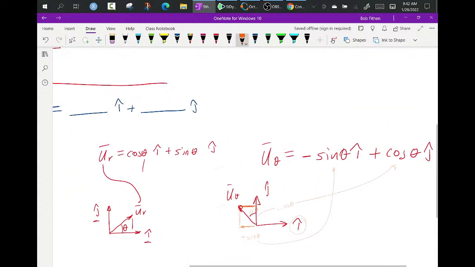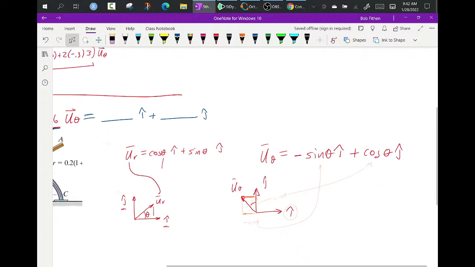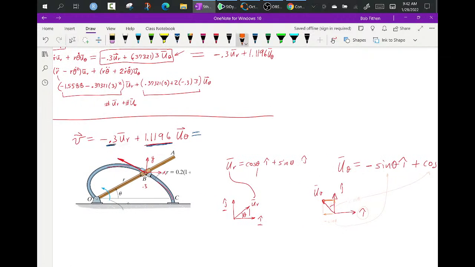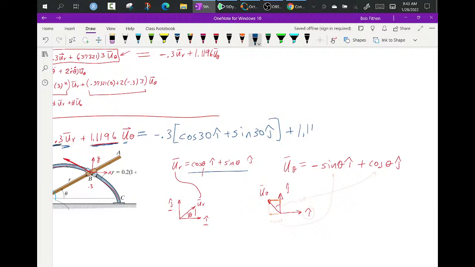So now all I have to do is recognize that if I wanted to expand this, I take my UR and my U theta, and I say minus 0.3 UR, replace UR with that cosine, now my theta is 30, and it stays 30 throughout, plus 1.1196 times the U theta.